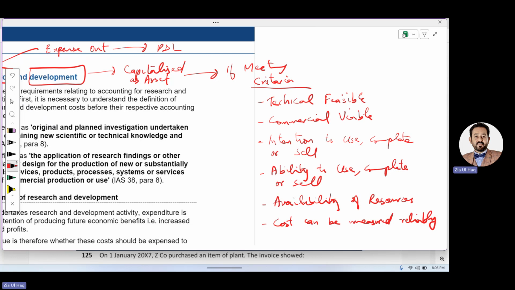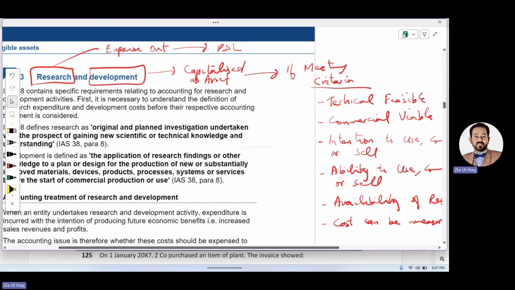If development cost meets these 6 criteria, it should be capitalized as an intangible asset. If any one of these 6 criteria is not met, it should be treated as an expense in the profit and loss account. What is research? What is development cost?